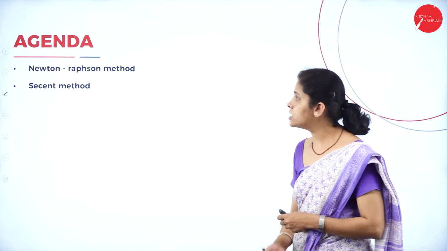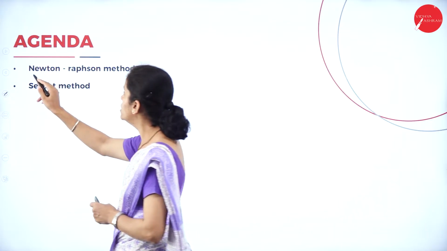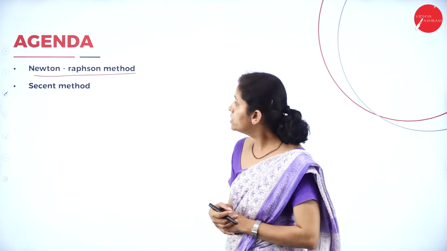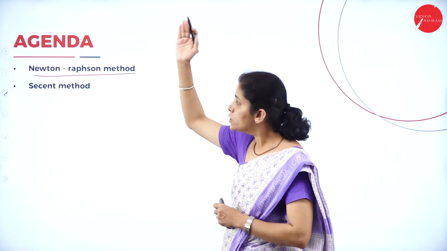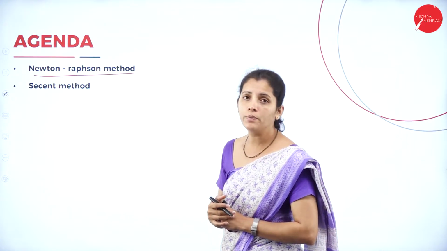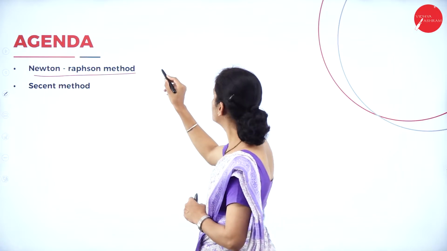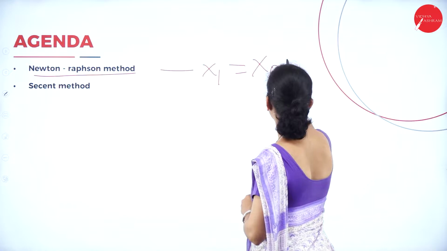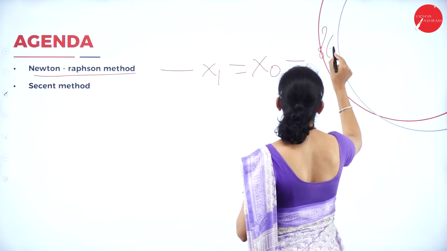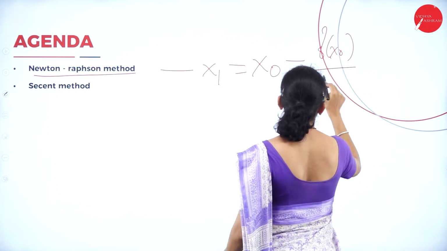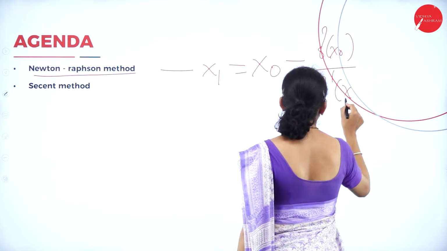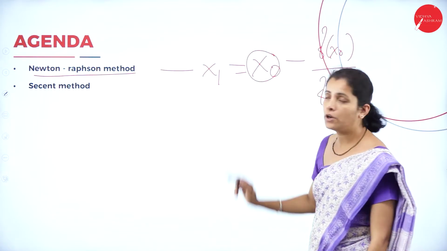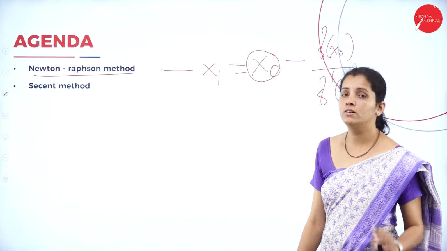But in today's session, I'm going to deal with Newton-Raphson method and secant method. Dear student, what is the formula used to solve the problem using Newton-Raphson method? That is x1 equal to x0 minus f of x0 divided by f dash of x0. In the question, they are going to mention what is x0.